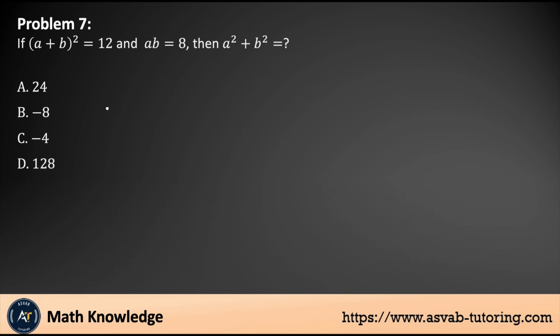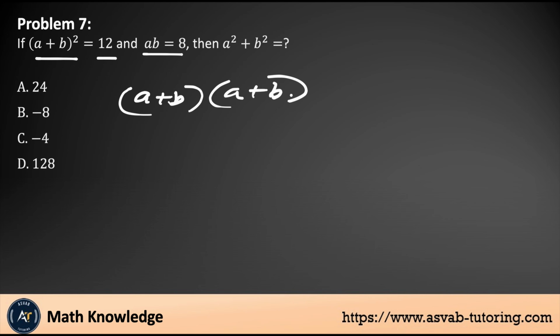Problem number 7, if (a plus b) squared equal to 12 and ab equal to 8, then what is a squared plus b squared? So in order to solve this problem, you have to expand that (a plus b) squared, and then simplify it. So let's do that. If you expand that, that gives you a plus b times a plus b equal to 12, right?